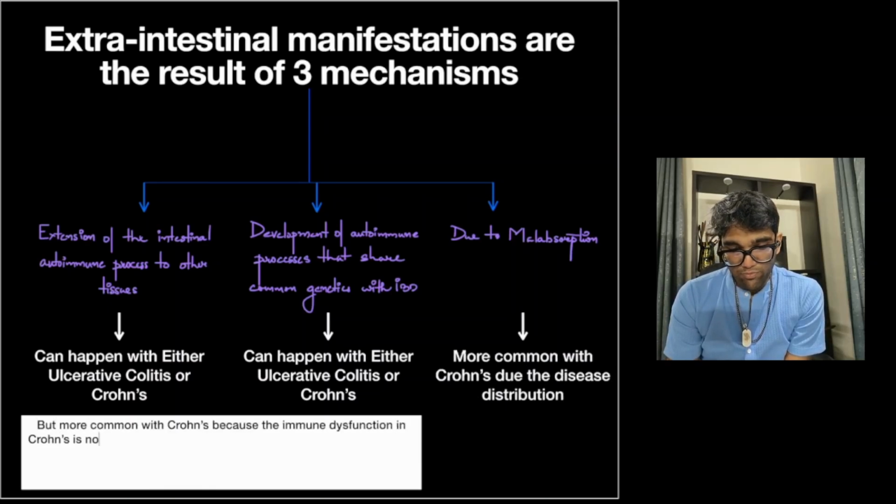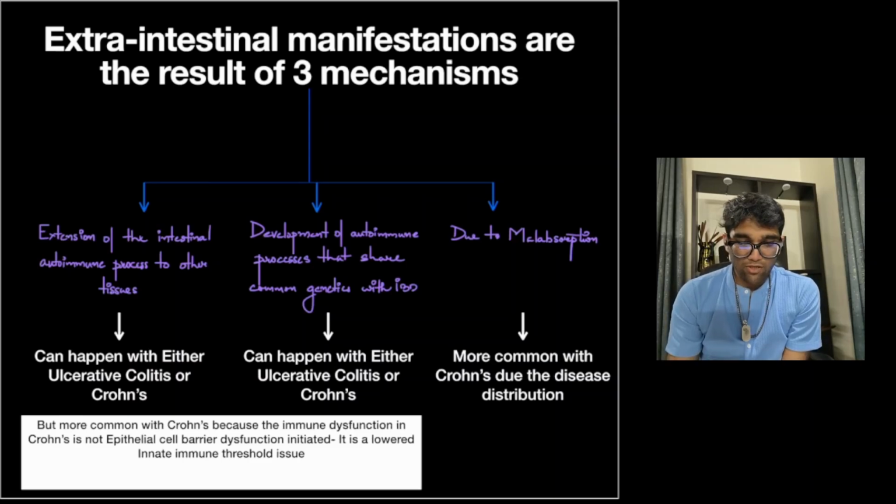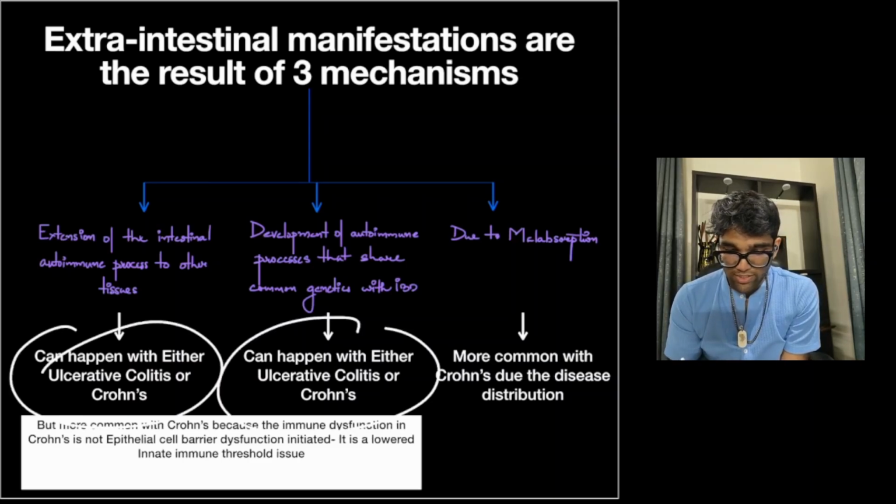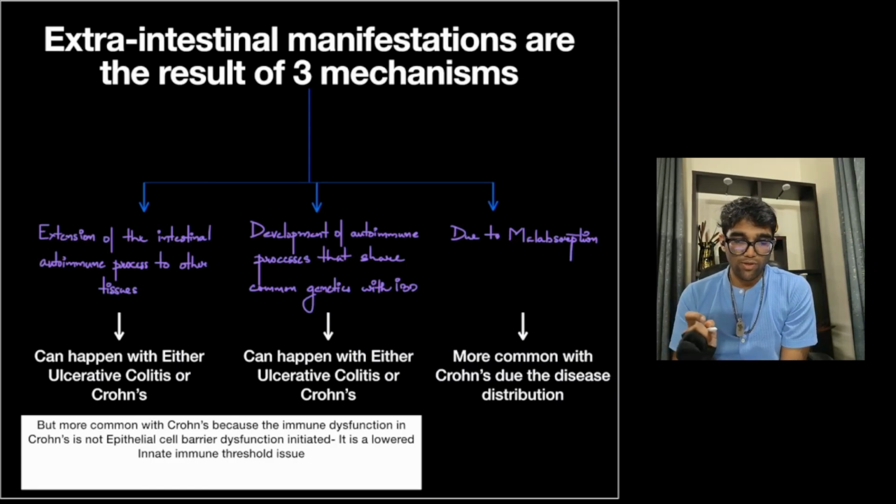However, these two are more common in Crohn's disease, because in Crohn's disease the immune dysfunction is not due to epithelial barrier dysfunction. So for that type of immune dysfunction to leave the intestinal wall and go somewhere else, it is much more marketable in a way.